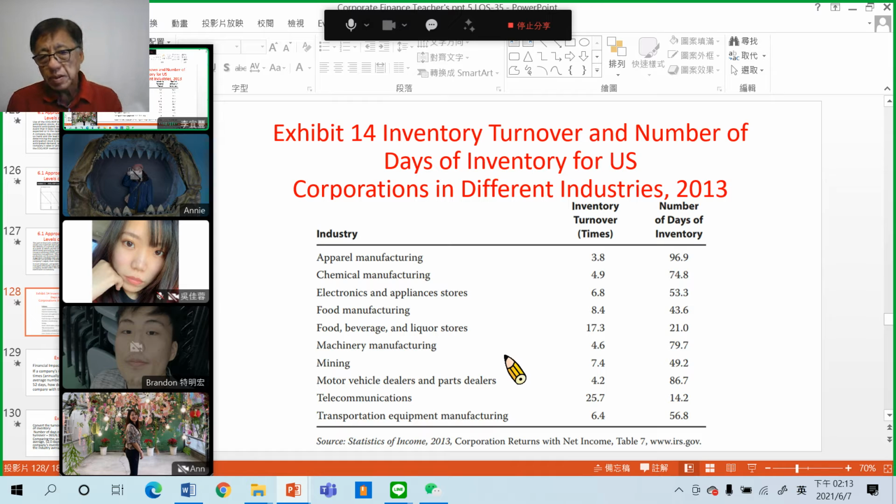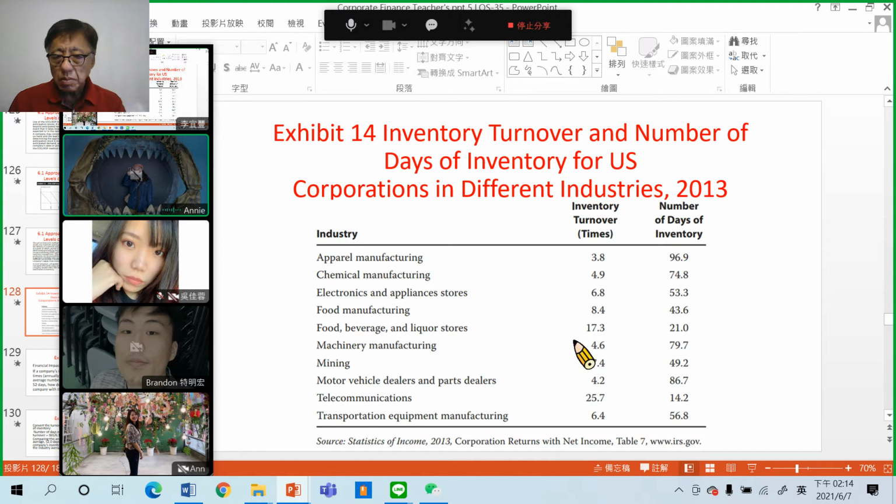As you can see, there are some different industries, and the biggest inventory turnover is telecommunications, with an inventory turnover of 25.7 and the number of days of inventory is 14.2 days. The second one is food, beverage, and liquor stores.